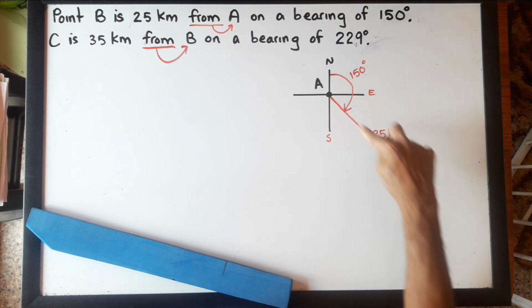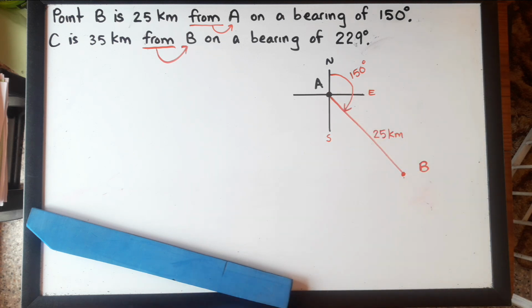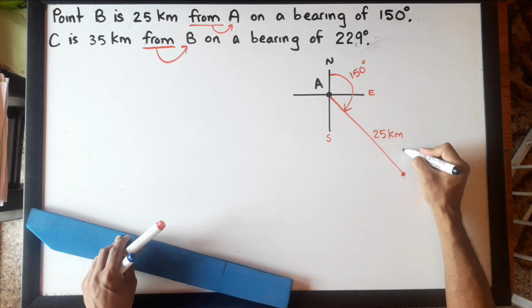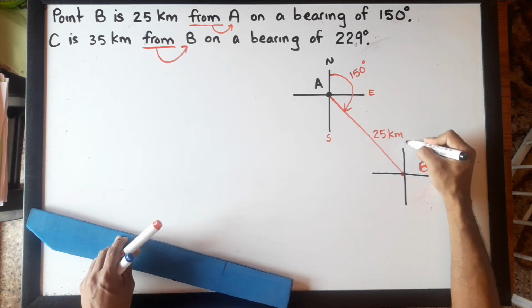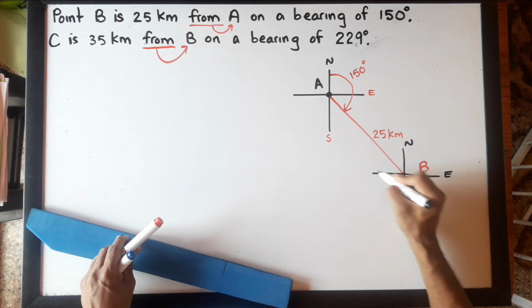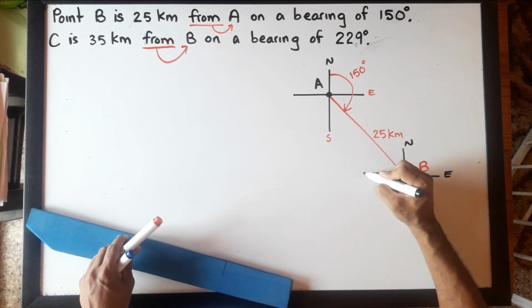So let's say this person walked from point A to point B and he's lost now. So now he pulls out his compass, and of course his compass will have its north, east, west and south.